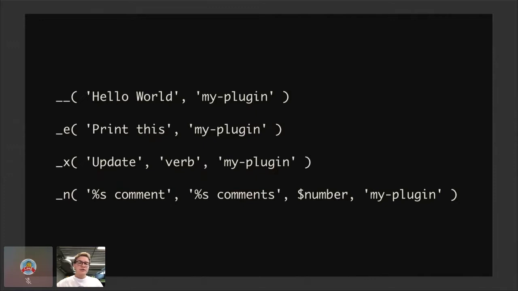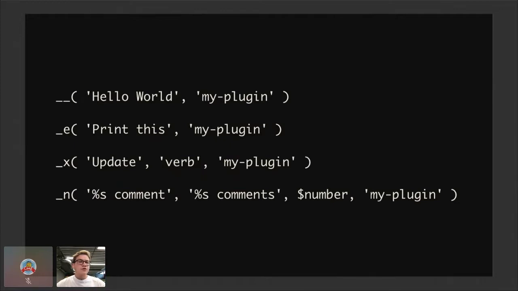This is especially useful when a string can have different meanings depending on where it's used. For this slide, I chose the word update, because update can mean perform an update or there's an update available. So in both sentences, it's either a noun or a verb.